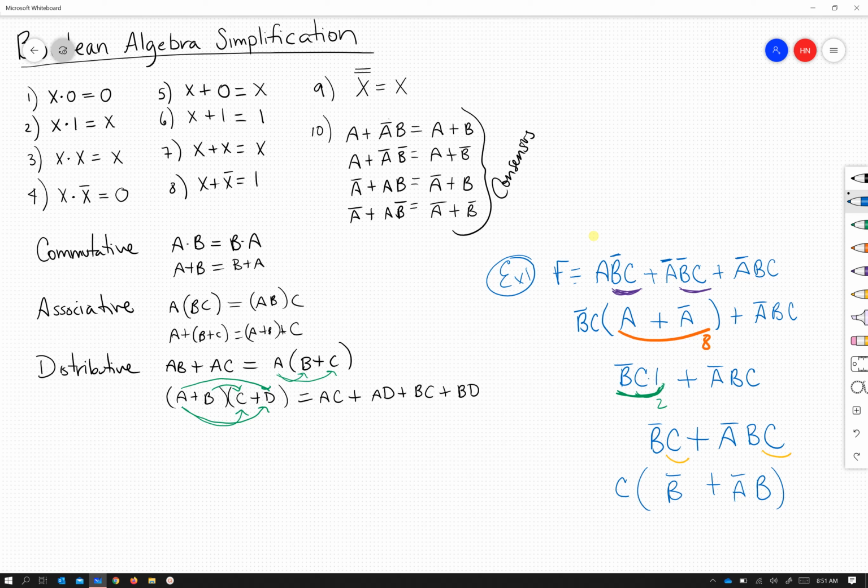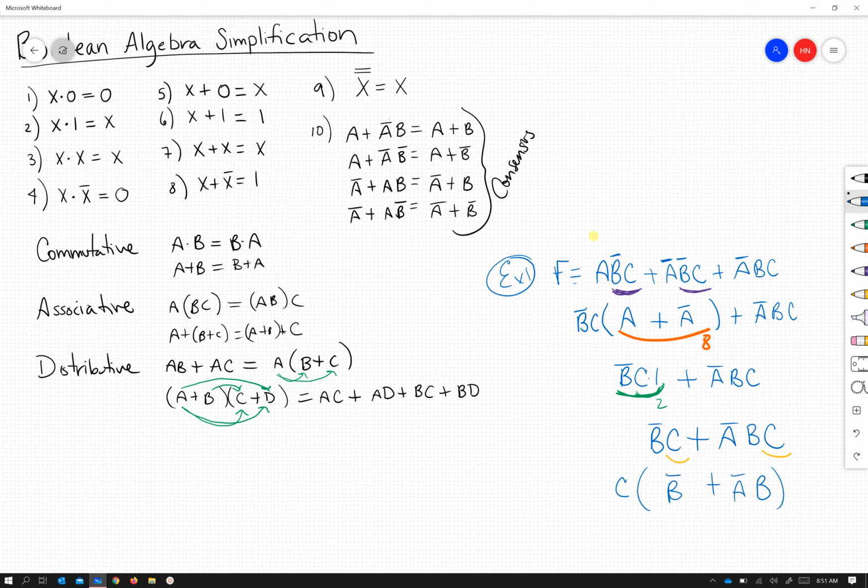All right, so at this point, we have the new line. So we have to check the rules again, rules 1 through 10. Do you see a 0? No. Do you see a 1? No. Do you see doubles? No. Do you see opposites?